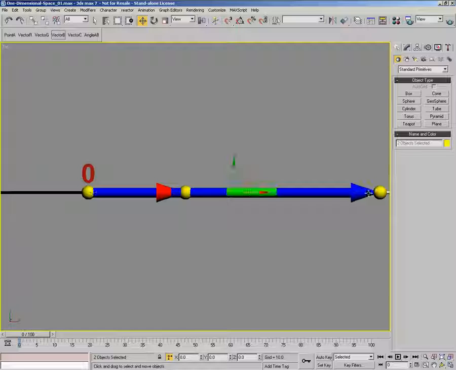The result is the sum of the two vectors: a new vector starting, in this case, at the origin and pointing at the point with coordinate 300.